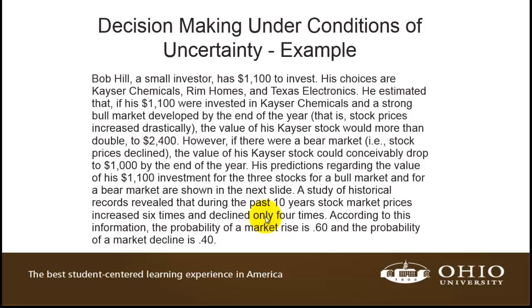And in this case, we have two different states of nature. We have a market rise or a market decline, also known as a bull market or a bear market. We also know, at least we have history that shows us, that the probability of a market rise is 60% and the probability of a market decline is 40%.